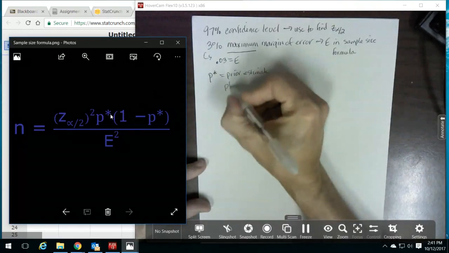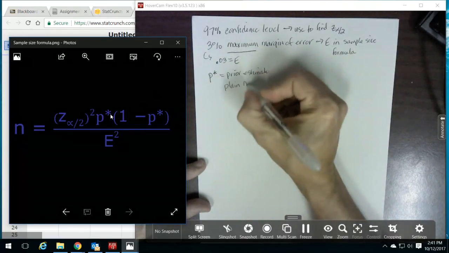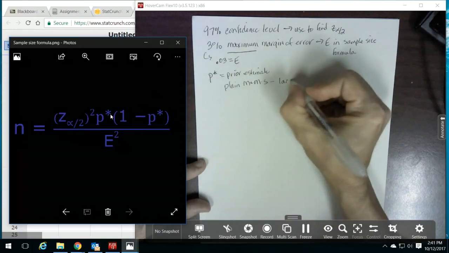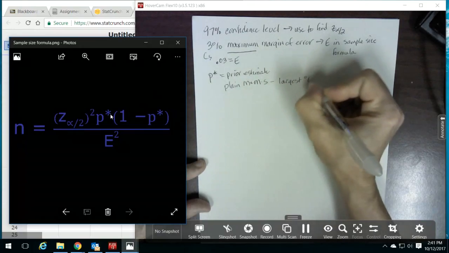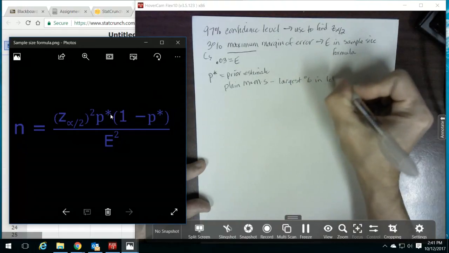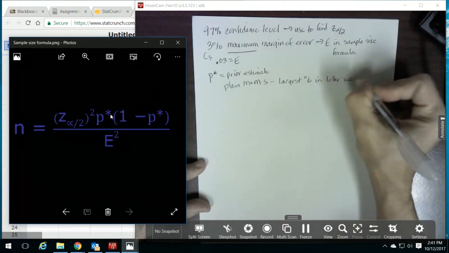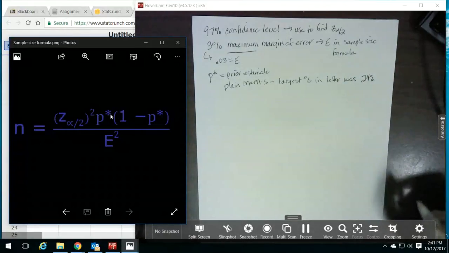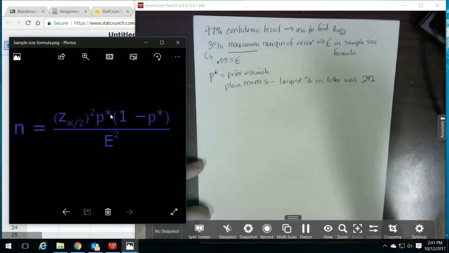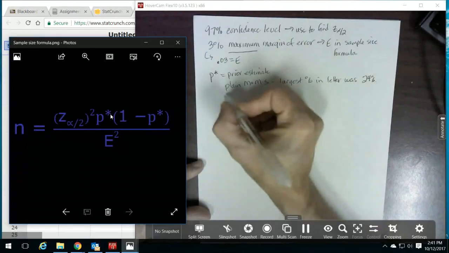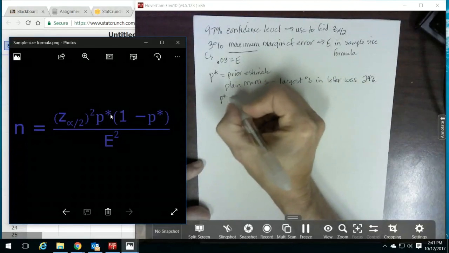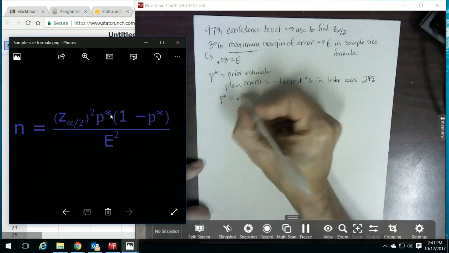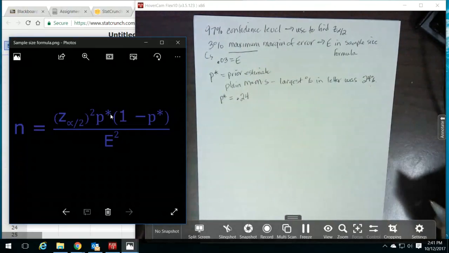So for me, for the plain M&Ms, the largest percentage listed in the letter was 24%. So I'm going to use that for my prior estimate. And again, I have to change this to decimal to put it into the formula. I'm going to use 0.24.